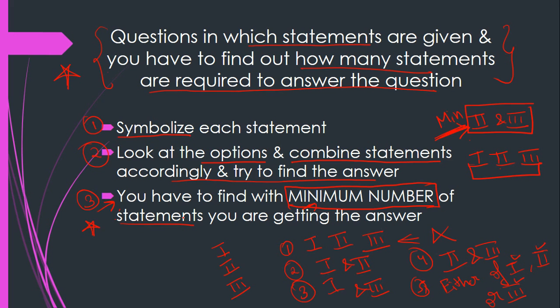Just look at that ambiguity, because in the IBPS question, in the answer key, according to me, they have given the wrong answer. I will tell you their answer also, and what I think should be the answer. But this is the only strategy, that you have to find the minimum number of statements.